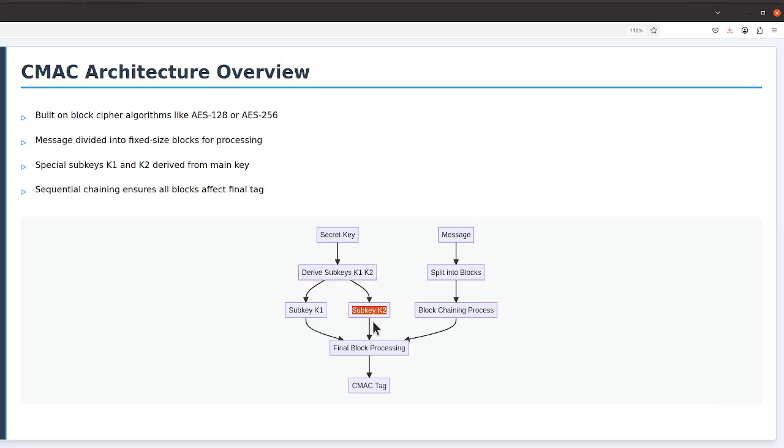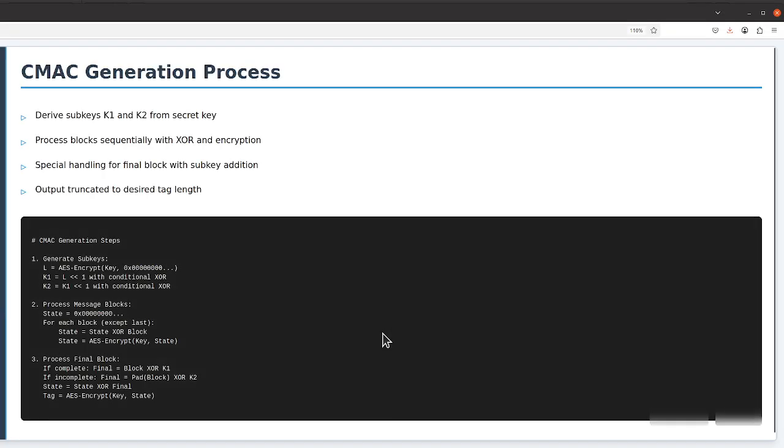The important point is that these subkeys add cryptographic strength. During message processing, each block is XOR'd with the result from the previous block and then encrypted. This creates a chain where each block's authentication depends on all previous blocks. For the final block, one of our special subkeys is XOR'd in before the final encryption, and the result becomes our authentication tag.